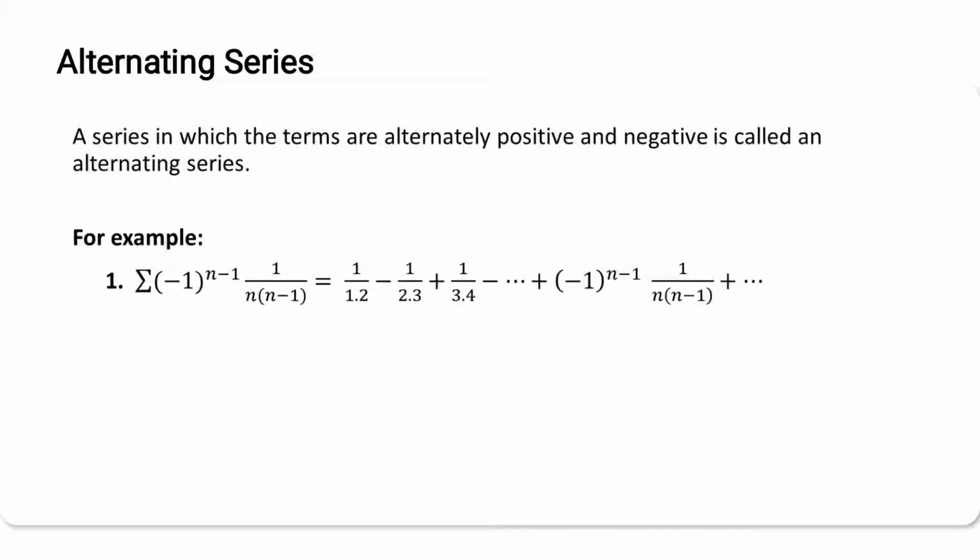Alternating series. A series in which the terms are alternately positive and negative is called an alternating series.